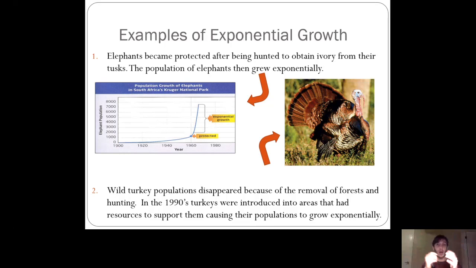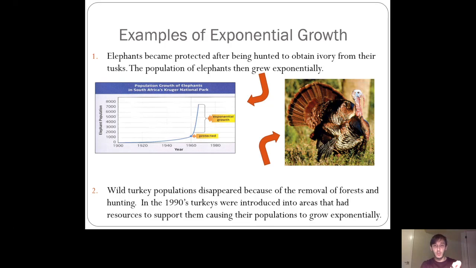Okay, now turkeys, okay, we eat them obviously, but I don't think very many of us have seen wild turkeys, and really, we don't really encounter them in our everyday lives. But what we have been doing for a long, long time is cutting down forests, okay, and hunting turkeys. And in the 90s, what they decided to do is take turkeys and introduce them in areas that had resources, okay, that could support the turkey populations.